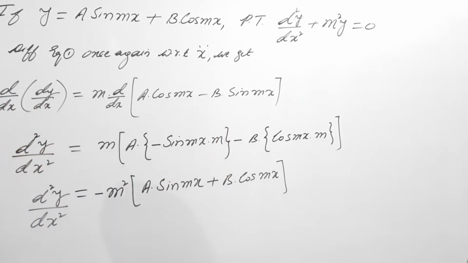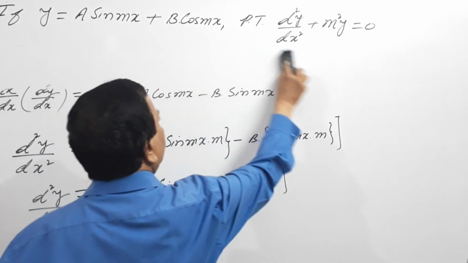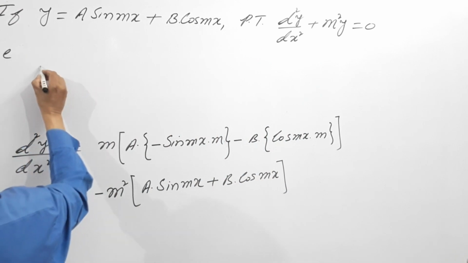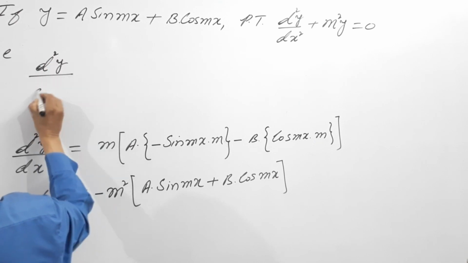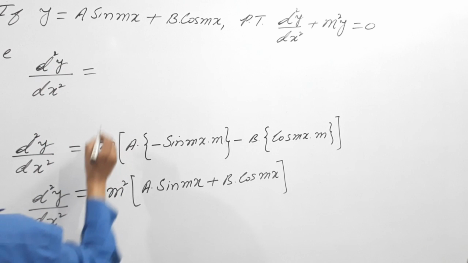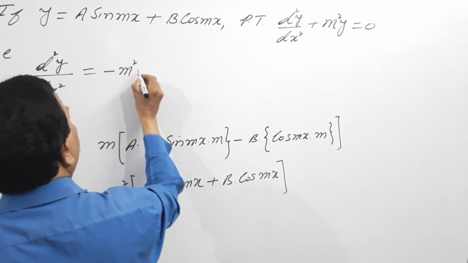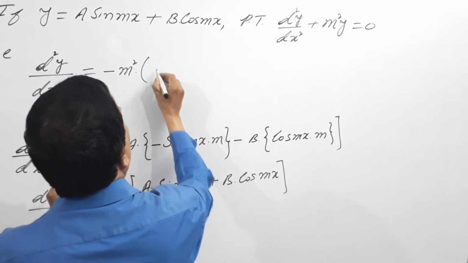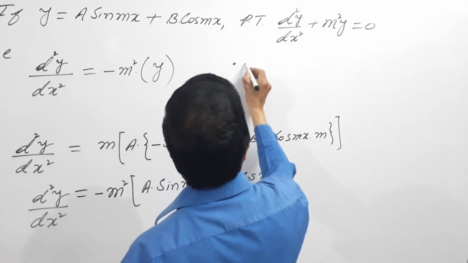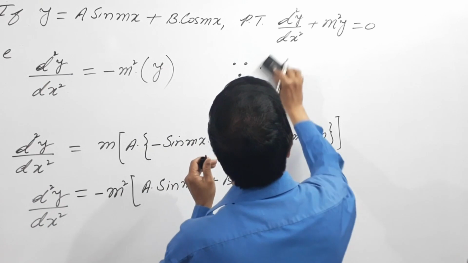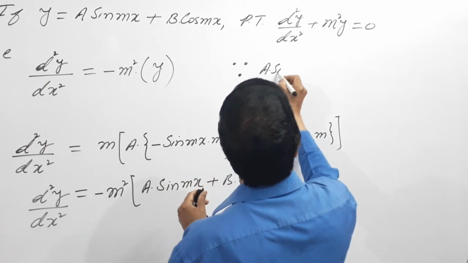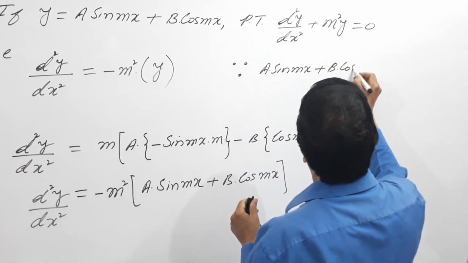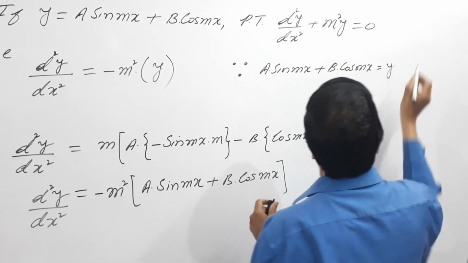So next line, I write d square y by dx square is equal to minus m square, and I will call this y, since a sin mx plus b cos mx equals y.